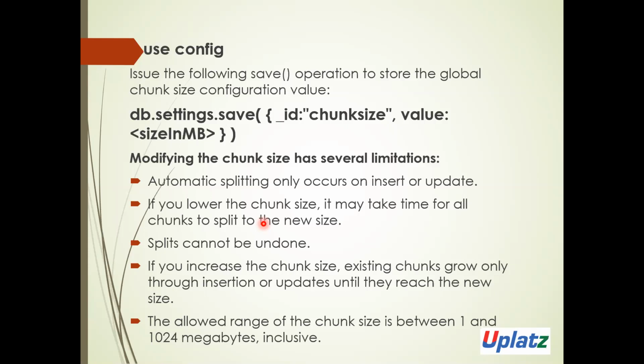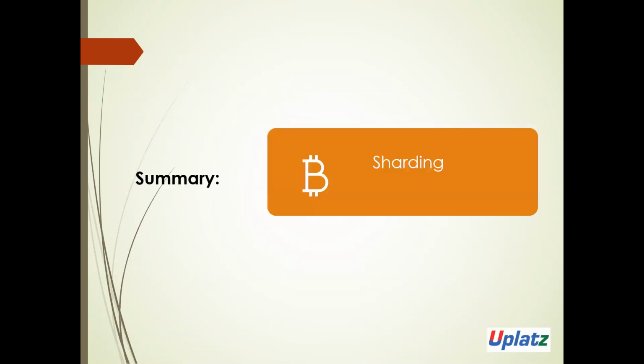So this is how we can insert: we can connect to the mongo shell, we can use the database, and we can save our data into our collection. Then with the help of the sharded collection, it is making all the data into chunks and it is communicating. So this is all about sharding in MongoDB.